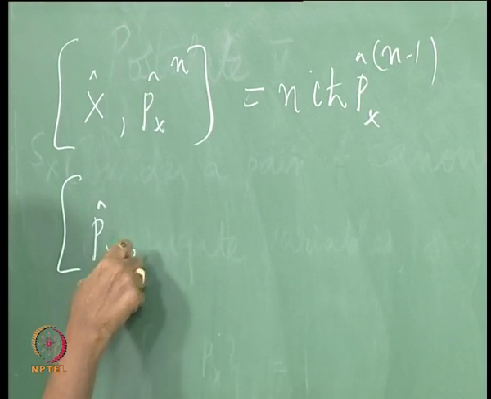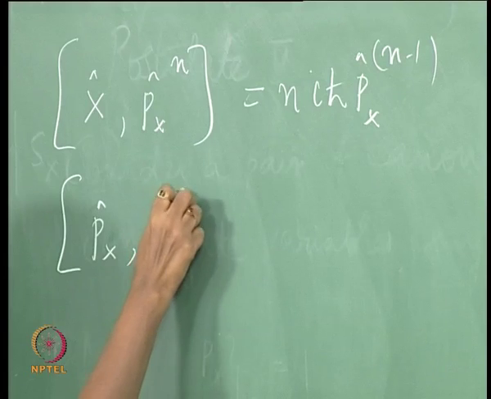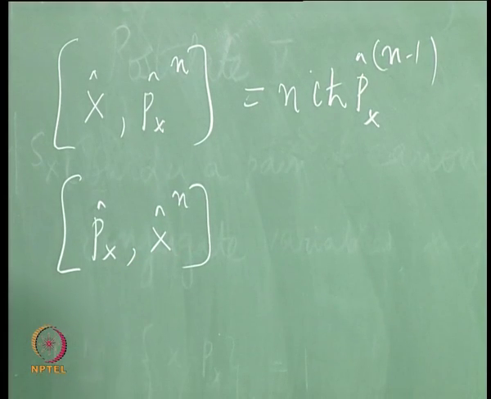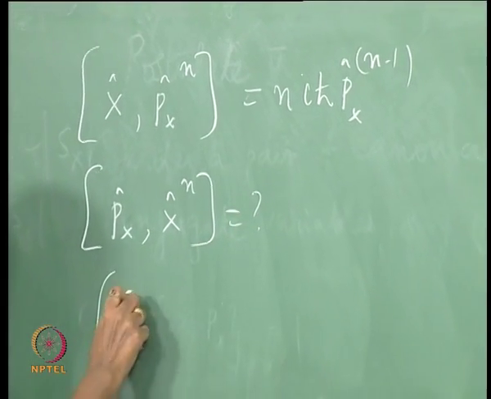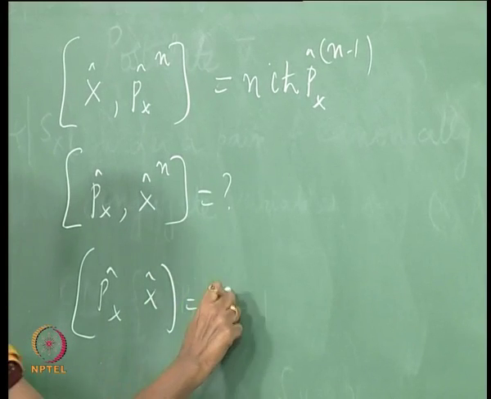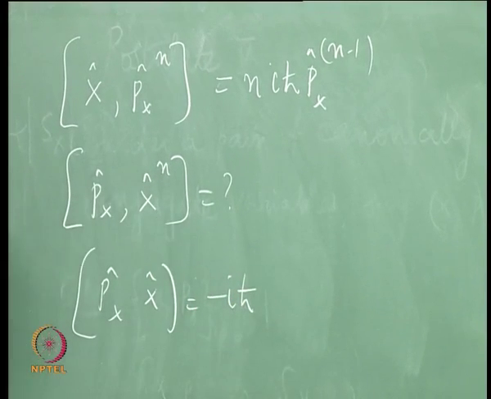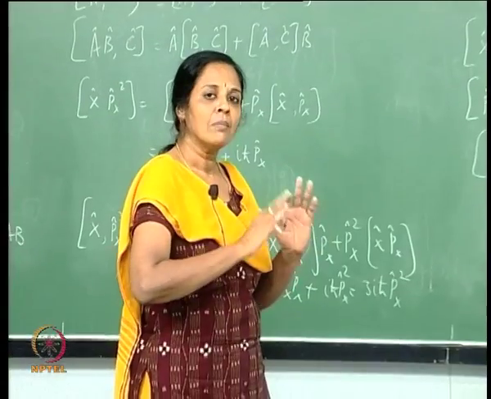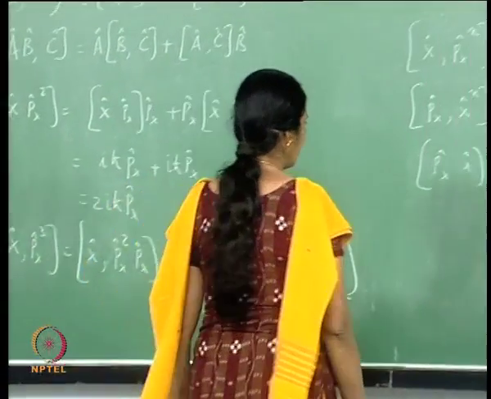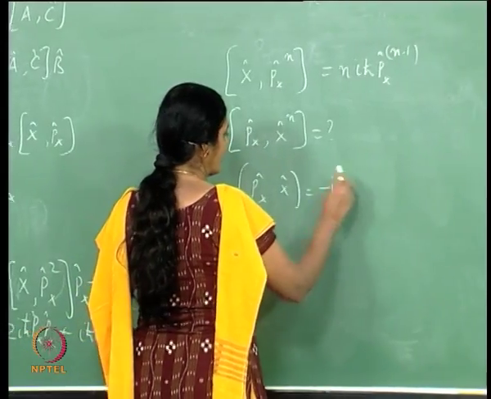Suppose I found out Px with x to the power of n, where n is a positive integer. I would do the same thing. I would say that Px with x is minus iħ. It is easy to check that the commutator of A with B is minus the commutator of B with A. Of course, there is an identity here.